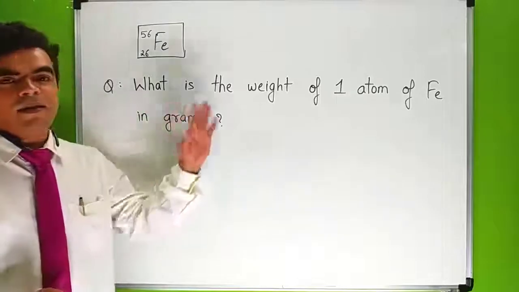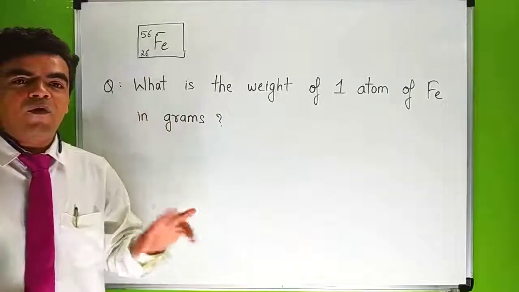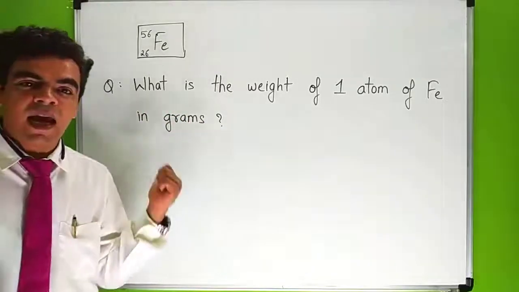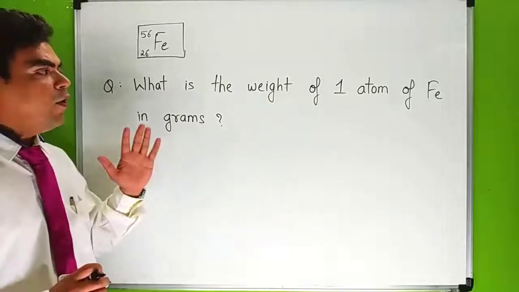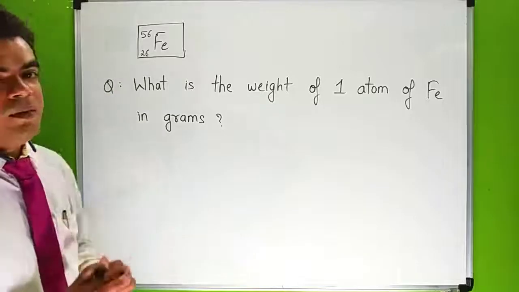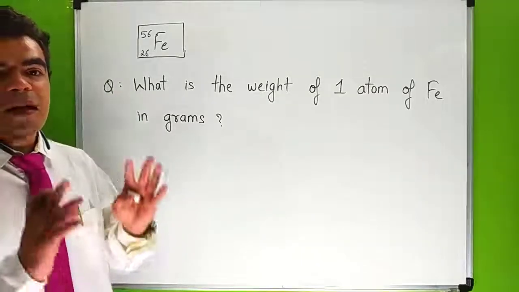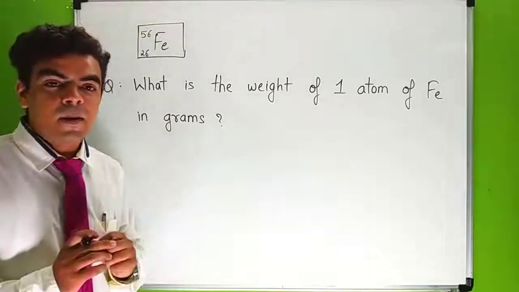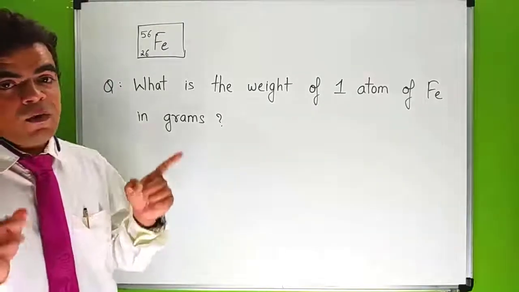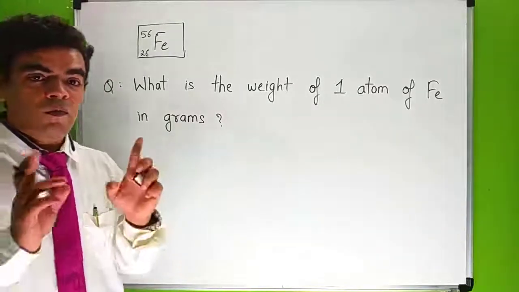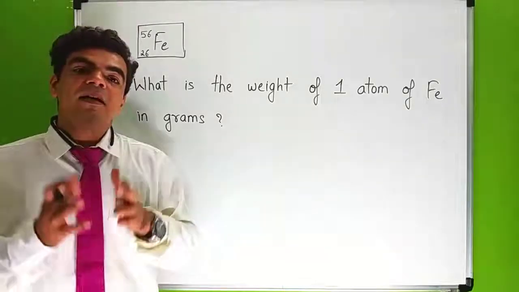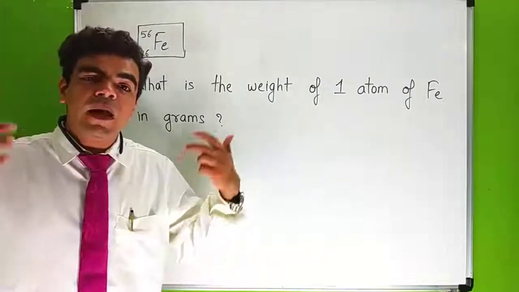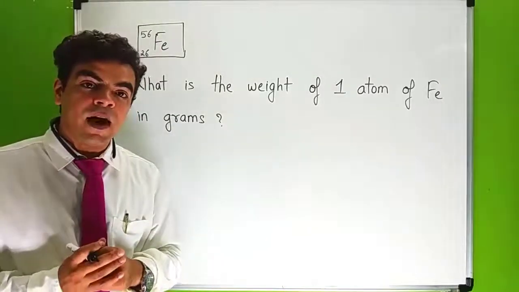So in order to answer this question, I would focus on the second statement which I had just written. The second statement was weight of 1 mole of iron is 56 grams. What is the meaning of 1 mole of iron? 1 mole of iron is 6.022 into 10 to the power 23 atoms of iron.